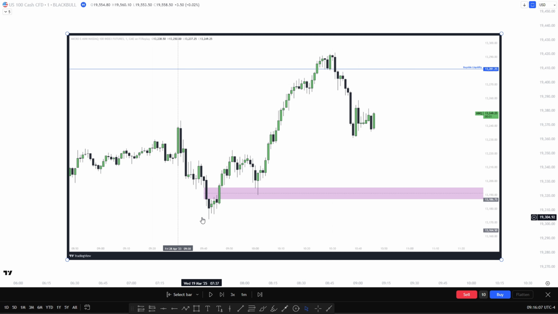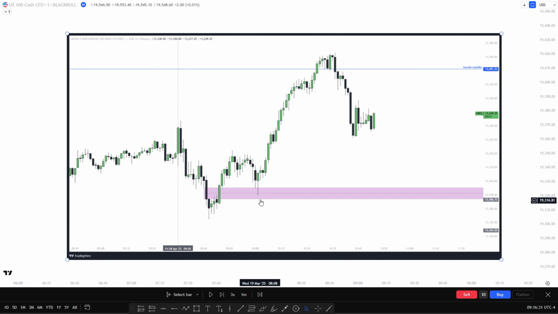So the model looks like this. Whenever your first presented fair value gap forms, and you're bullish, you want to see first a displacement above this first presented fair value gap. Okay. Then you want to see price retest the gap, so trade back into it.